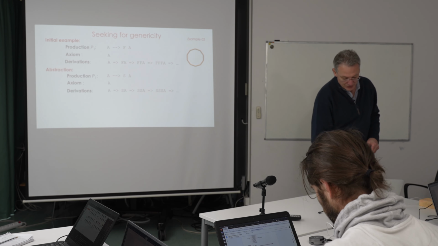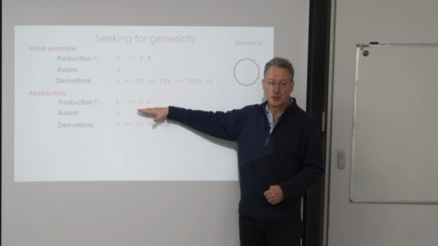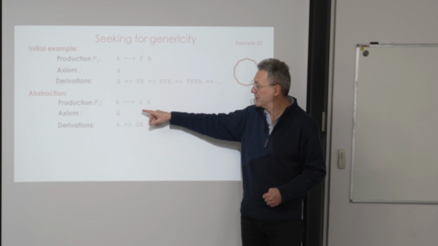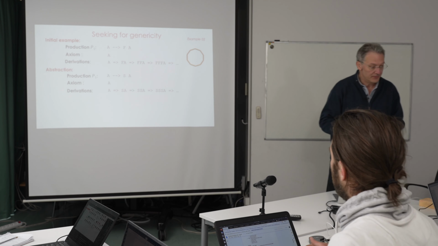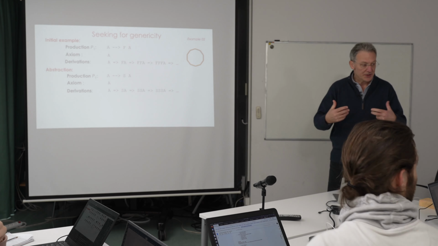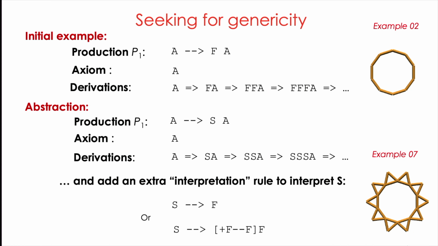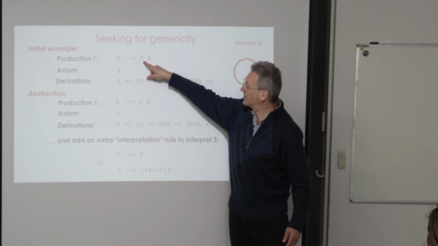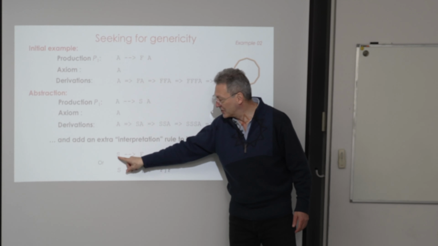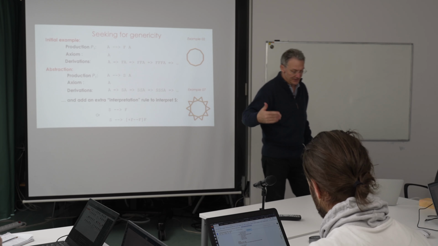So the idea would be to introduce a notion of abstraction, where the model rule and model L string would be only composed of nonsense modules. And in order to give geometric meaning to these modules, you would add new types of rules that are called interpretation rules, like these ones, where an S, which is the abstract version of the F, would actually be interpreted as an F later on, in a second step, in a second process.